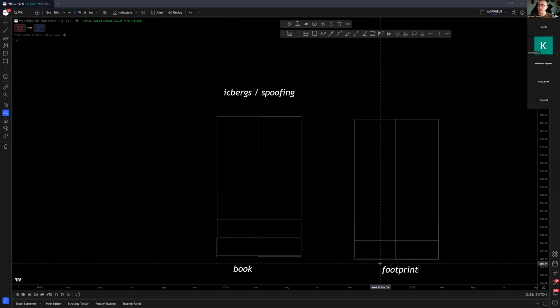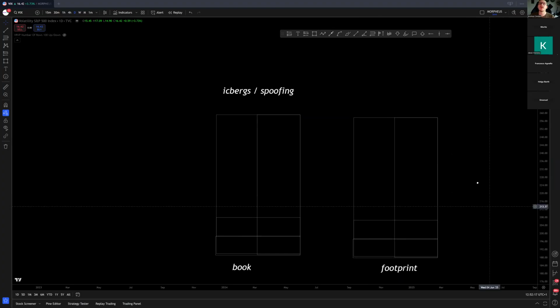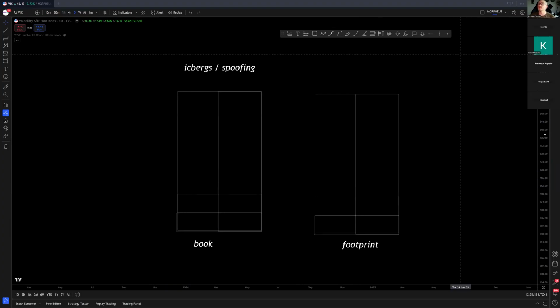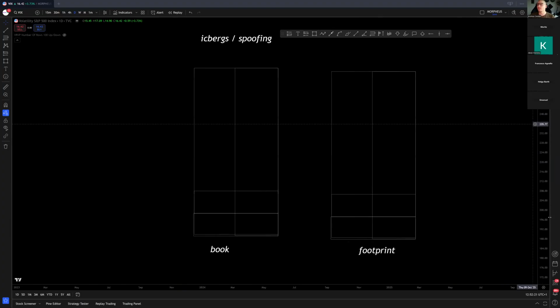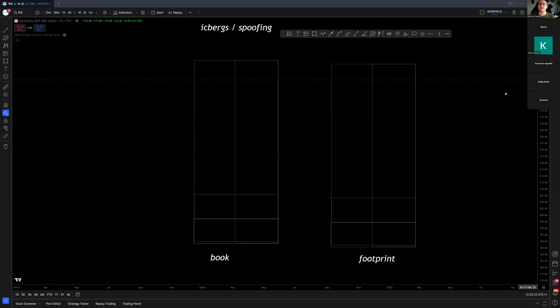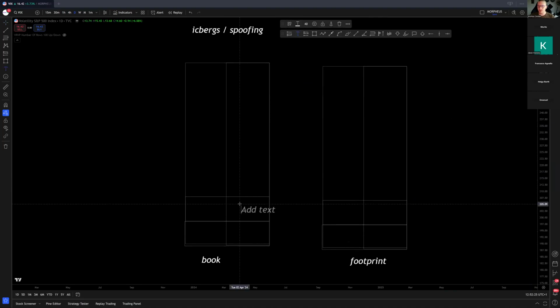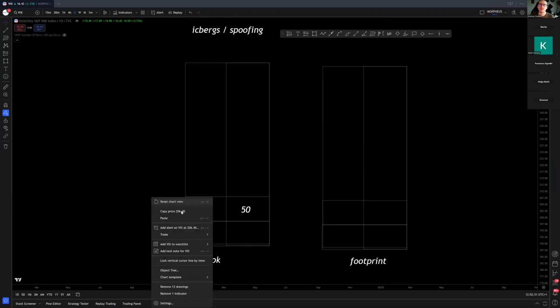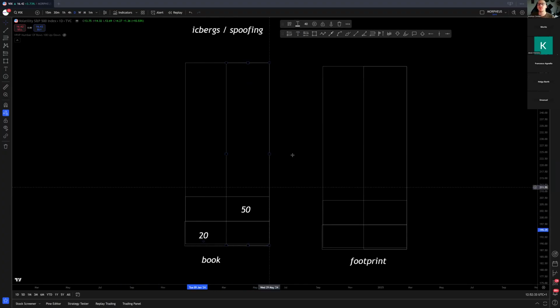Then we're going to see a practical example of this happening. So, let's say there's, I don't know, 50 contracts, 20 contracts, or 50 contracts and 20 contracts like this.